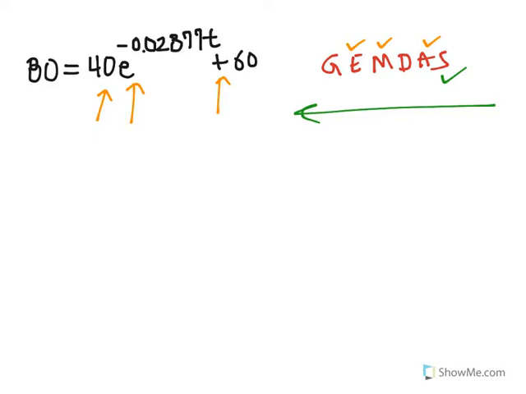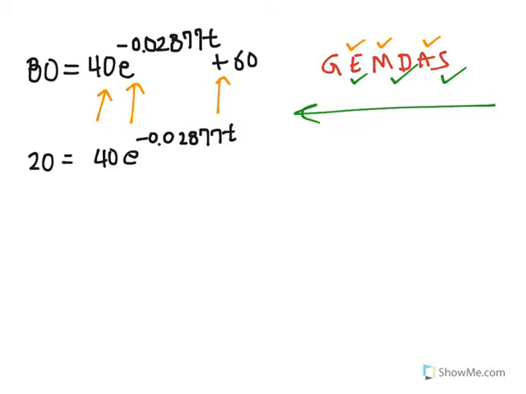So you have to begin by subtracting 60 from both sides of the equation, dividing both sides of the equation by 40, and then you have to undo the exponentiation. So subtract 60 from both sides of the equation. 80 minus 60 is 20. And that would give us what we have here now. Because 60 minus 60 on the right side would be 0.